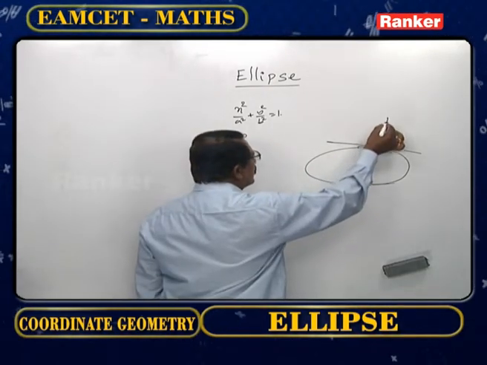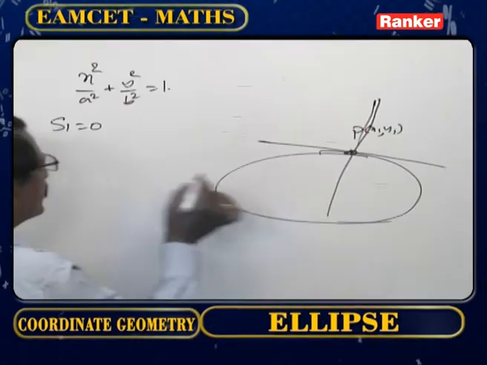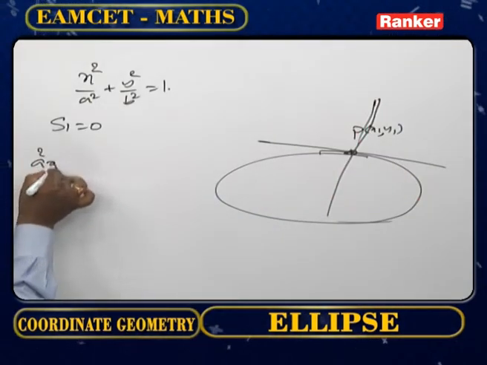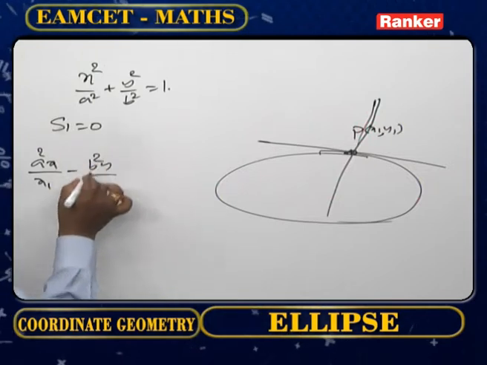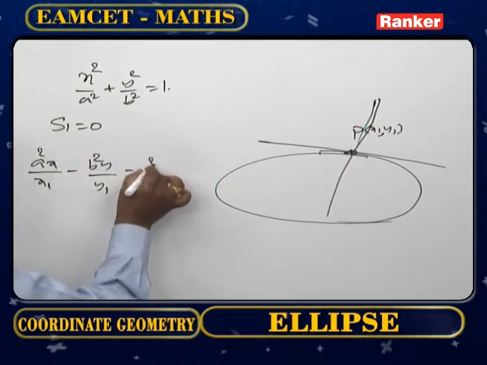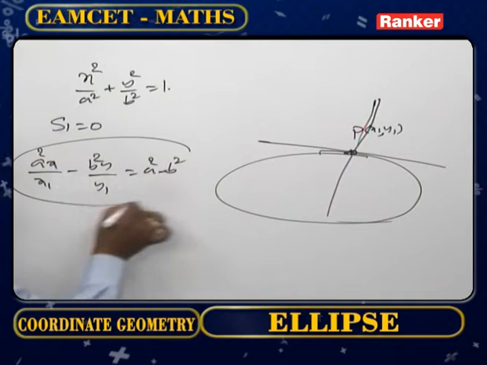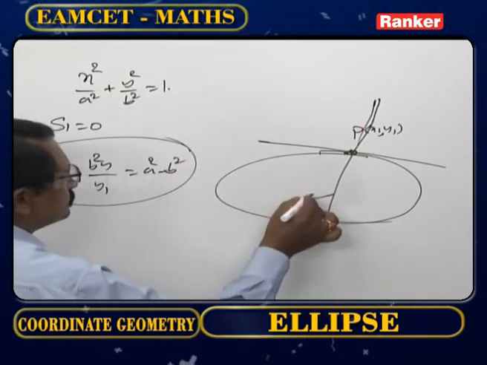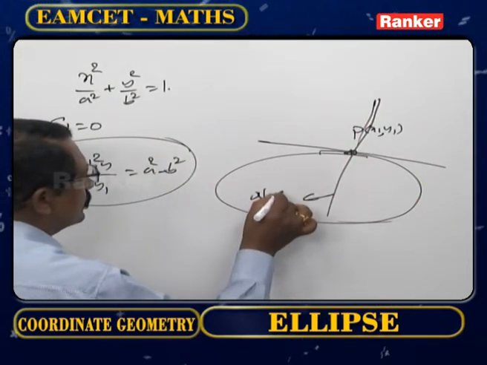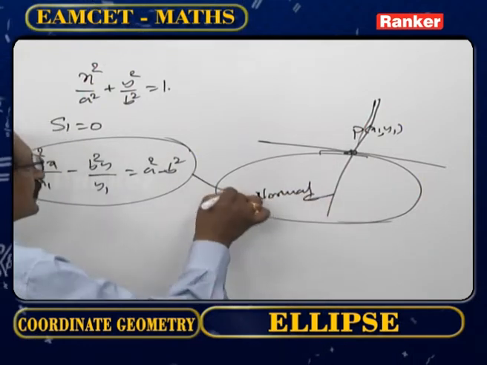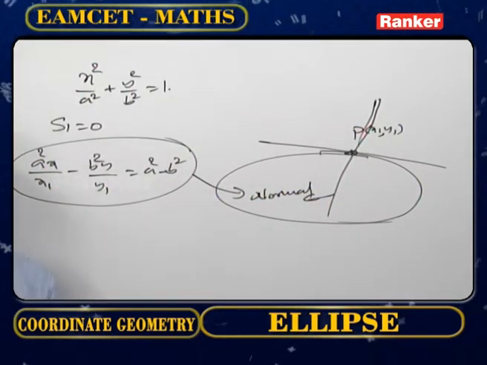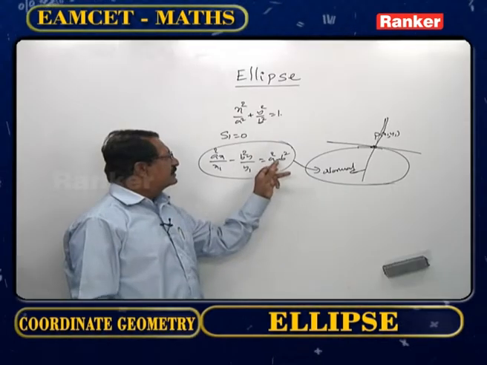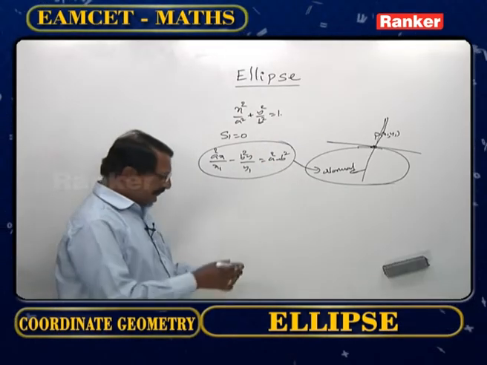Similarly, the equation of the normal at (x1, y1) is a square x by x1 minus b square y by y1 equals a square minus b square.